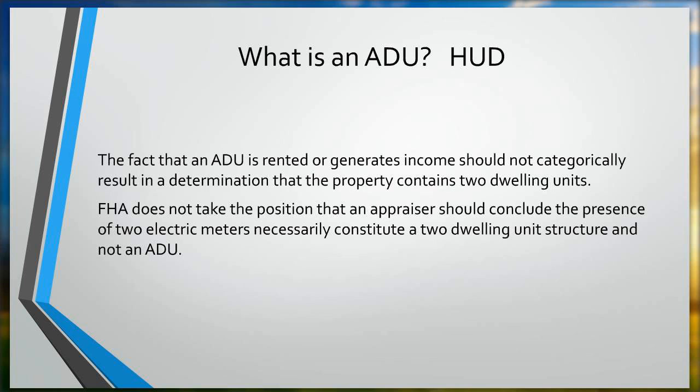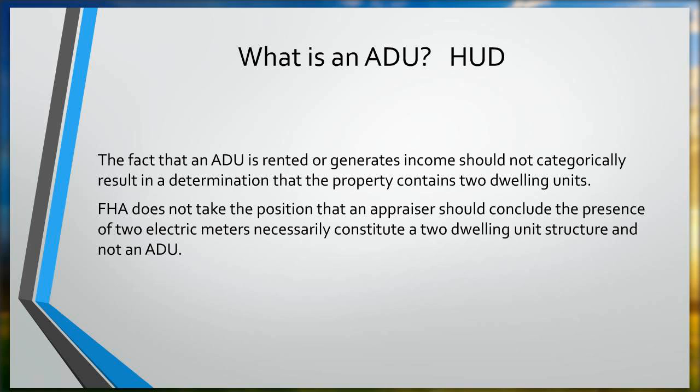FHA doesn't take a position that an appraiser should conclude the presence of two electric meters necessarily constitutes a two-unit dwelling structure and not an ADU or a duplex. These are just hints about what the property really should be. If a property has two meters, a lot of times it will be a duplex, but not always. That's just one aspect that we look at. We look at, as appraisers, highest and best use. We look at what the zoning is. We look at what is typical for the market.